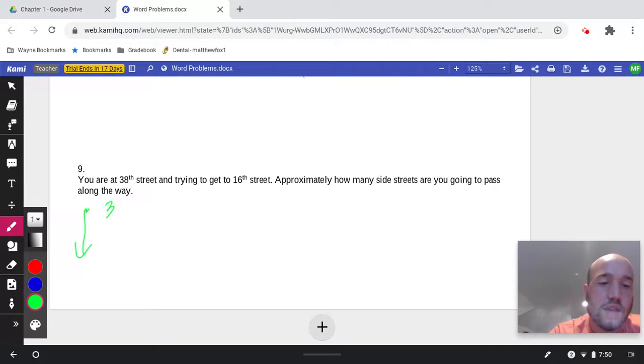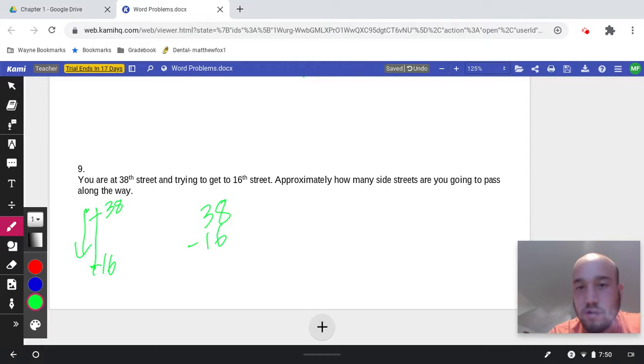So if we're at 38th up here, we're driving south to 16th, think of it as a number line. It's not exact, because sometimes there are extra streets, sometimes there's a river or the canal or a big business that takes up a street spot, so a street won't always exist, but it's going to be approximately 22 side streets.